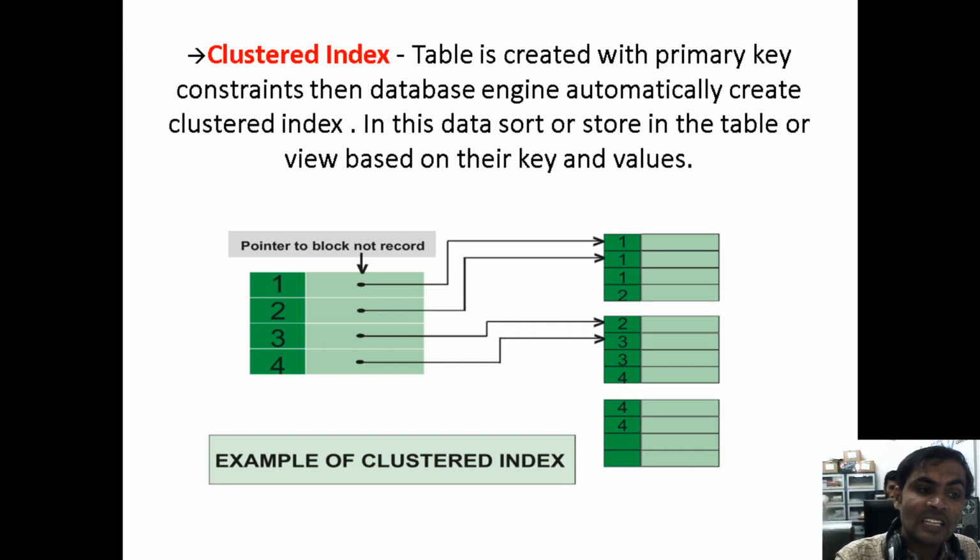It automatically creates the cluster index. In the database, the data is sorted and stored in the table or view based on the key and value, so under cluster indices we have key and value pairs. This is an example where the pointer points to a block, not a record. Here 1, 2, 3 under the cluster point to the records.